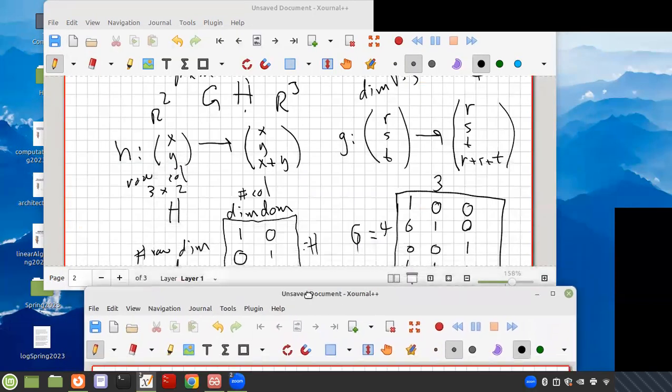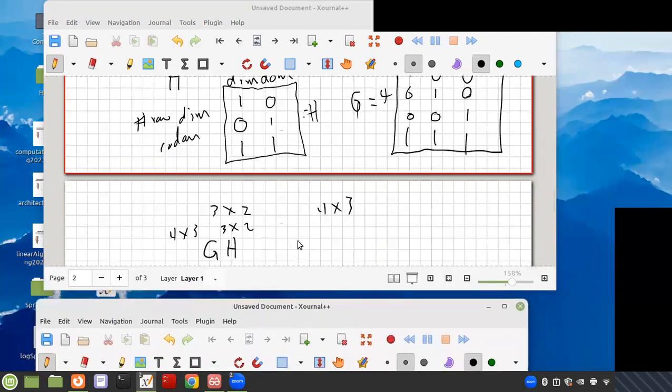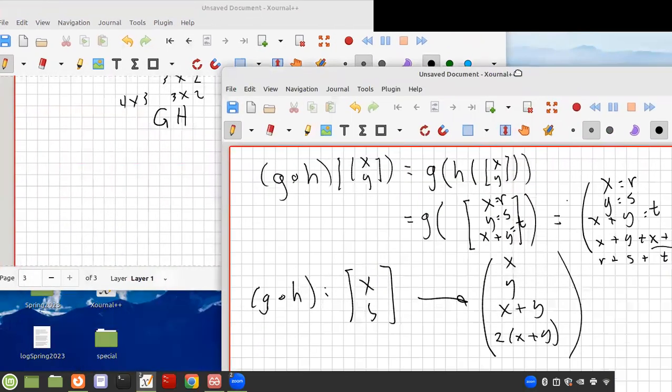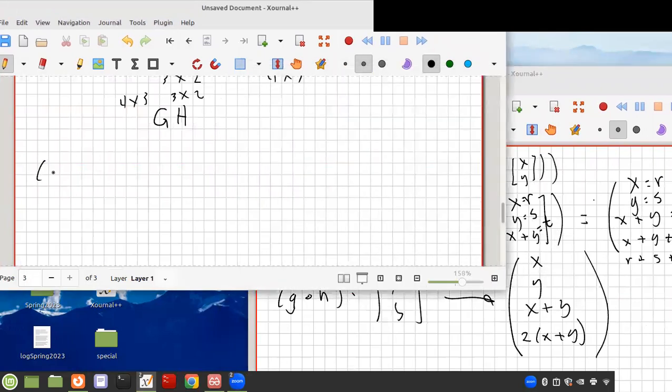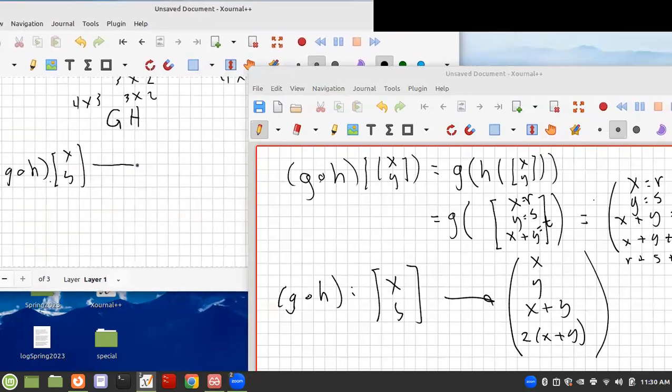Now, the question is, I should then be able, well, let me then put this in, let me copy this in here, that G composed with H acting on X, Y goes to X, Y, X plus Y, X plus Y. Okay, that's the result.